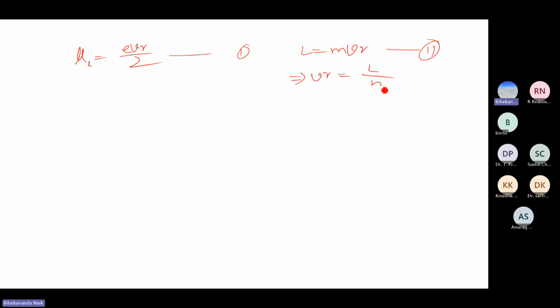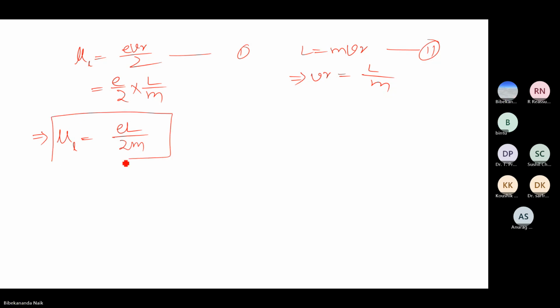So we have mu L equals EVR by 2, which is equation 1, and L equals MVR, which is equation 2. Now this equation 2 will give us VR equals L by M. If you put this value of VR here, it will be E by 2 into L by M. So mu L will be EL divided by 2M.